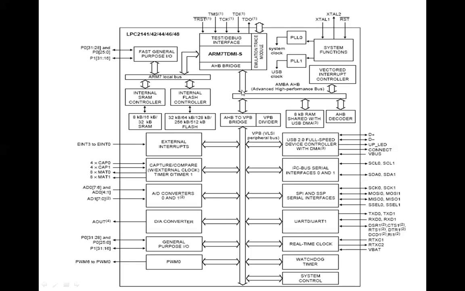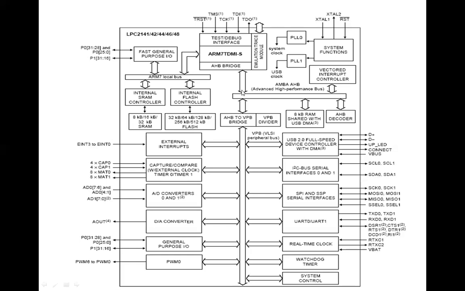The AHB decoder is used for decoding whatever the high performance bus will be communicating. Most of the time a co-processor or math processors will be communicating, so if they send any kind of instructions, data or command, that will get decoded with the help of that AHB decoder unit.